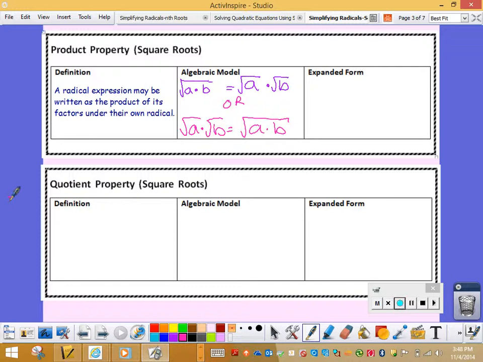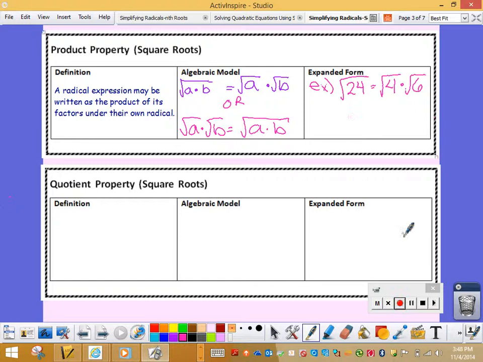Alright, if we go to the expanded form box, let's just do a little example of what I'm saying here. Let's say we have the square root of 24. Not a perfect square root, not like the ones you did on your worksheet yesterday. But we can break this up, and we can actually simplify it by breaking this up into the square root of 4 times the square root of 6. 4 and 6 are factors of 24.